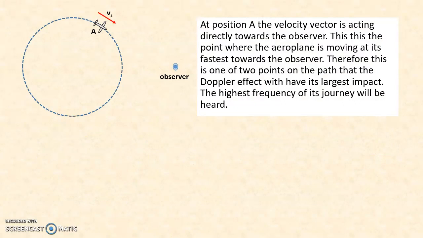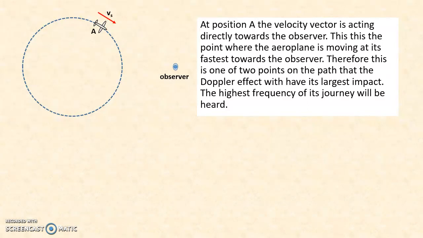Point 1. When we're at point A here, we can see that the instantaneous velocity acting at a tangent to the path is going directly towards the observer. That means the source is moving directly towards the observer. The source is catching up with the wavefronts that it's emitting, so the wavefronts are becoming closer together.